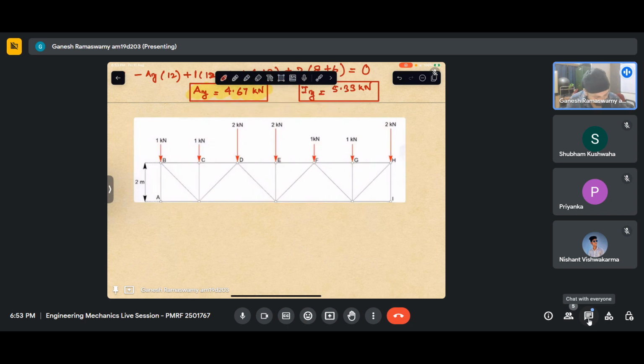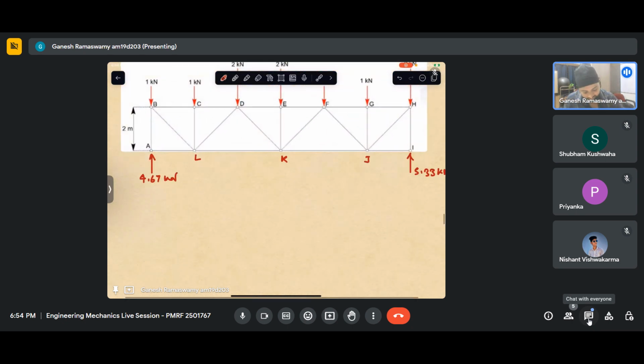I, J, K, L. So we have found this to be 4.67 kilonewton and this to be 5.33 kilonewton. Now comes the actual analysis. So there is essentially only one analysis in a way, if you say it is to cut sections.